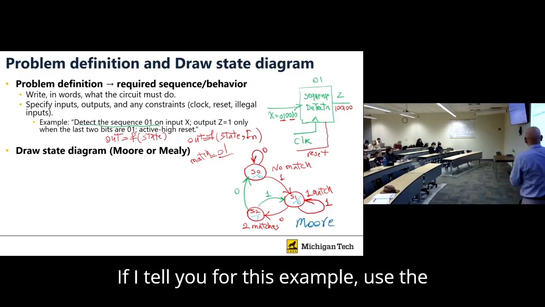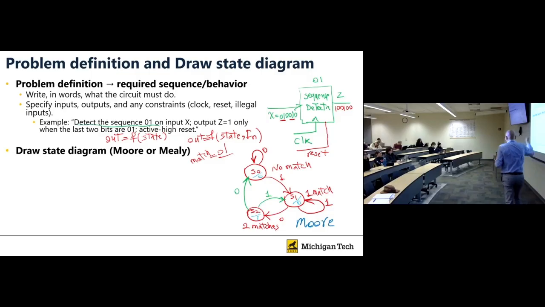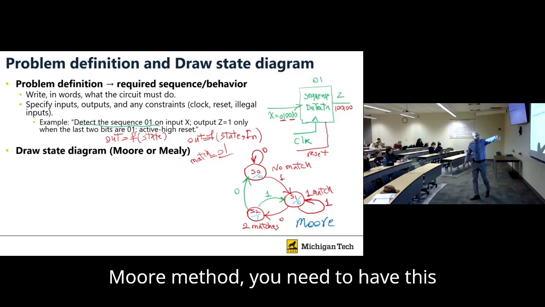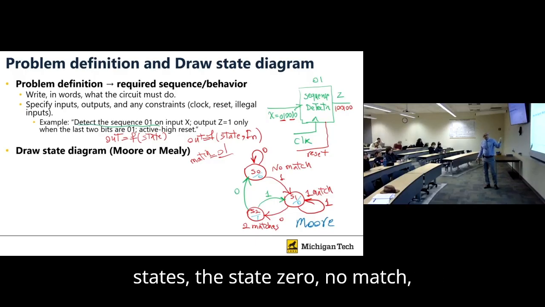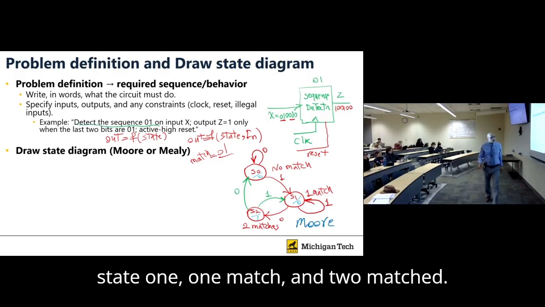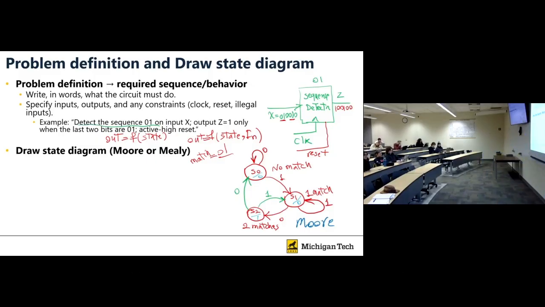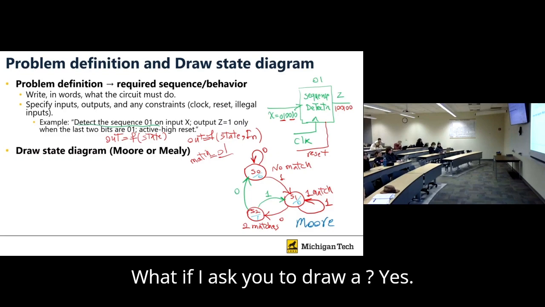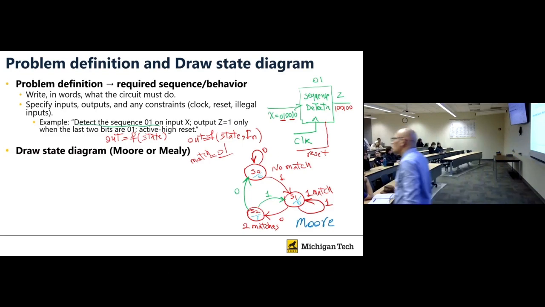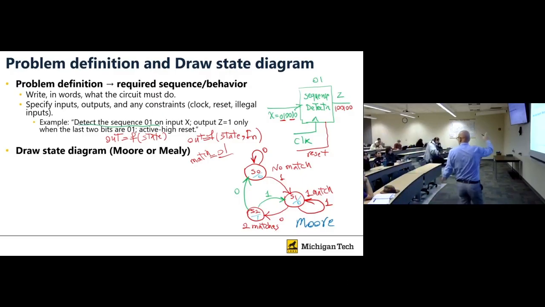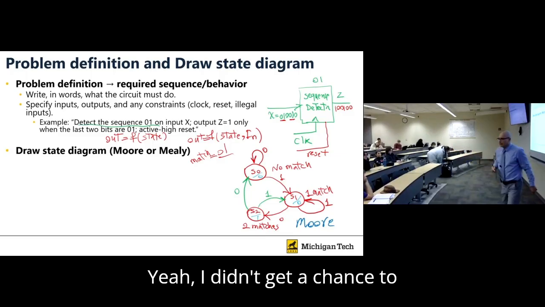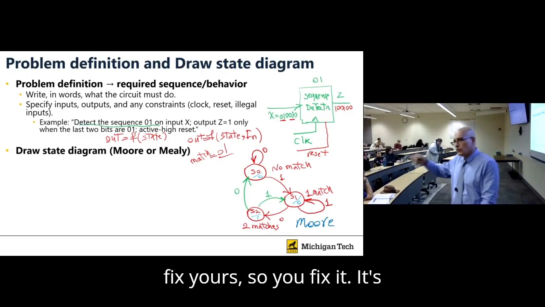If I tell you for this example to use the Moore method, you need to have this as a state diagram, and you have 3 states. State 0, no match. State 1, 1 match, and 2 match. What about I ask you to draw Mealy? Is it 0, 1, or 1, 0? Yes, this is for 0, 1. I didn't get a chance to fix yours, so you fix it.